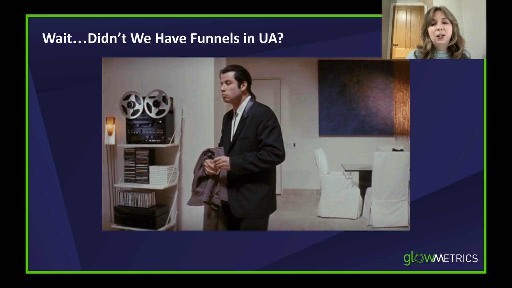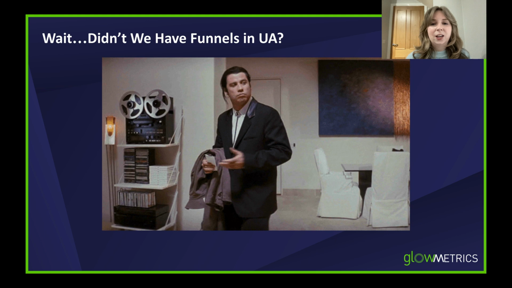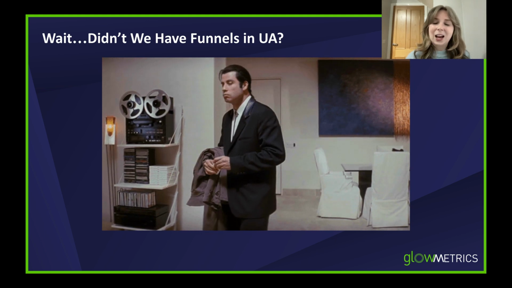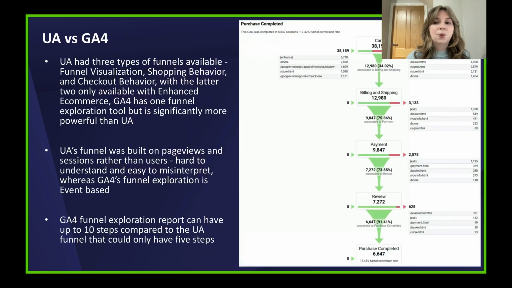If you have been a Google Analytics user for some time and are familiar with Universal Analytics, you might be wondering, hang on, didn't we have funnels in UA? And yes, they were available. However, these funnels in GA4 are very different. In Universal Analytics, there were 3 types of funnels available: funnel visualization, shopping behavior, and checkout behavior, with the latter 2 only available with enhanced e-commerce.